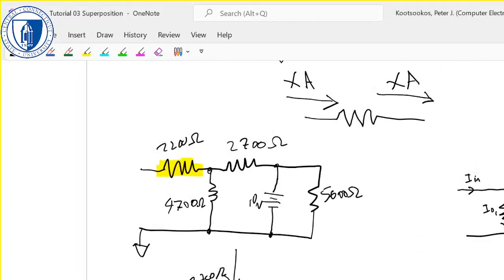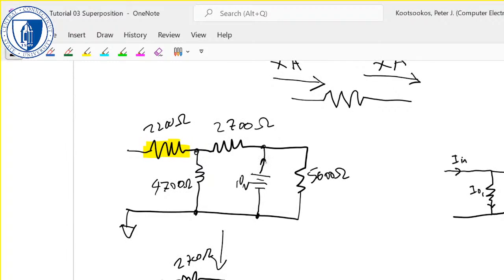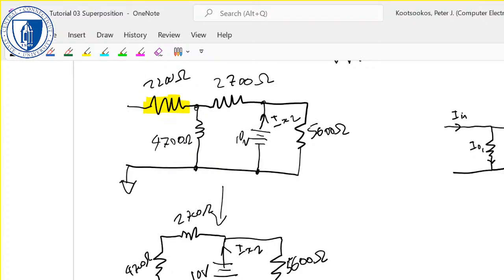And I forgot to write in IX again, so there's our IX2. So now it should be pretty simple, right?